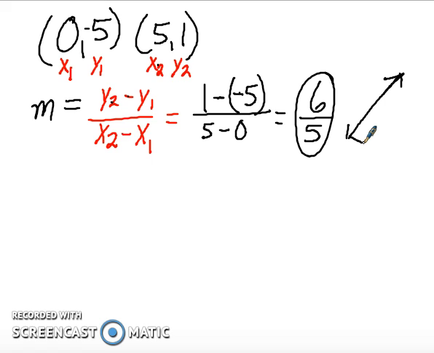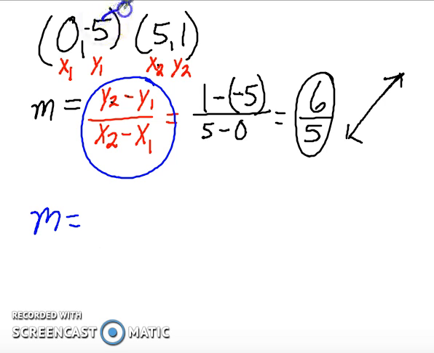Now, honestly, if it had been me doing this, I would not have gone through these steps right here. For me, I'm going, hey, okay, let's find the slope. So if we look at these points up here, I'm changing the y's. So from -5 to 1, how far is that?